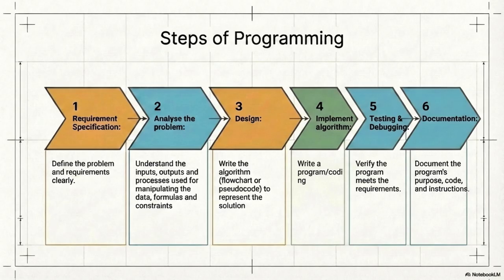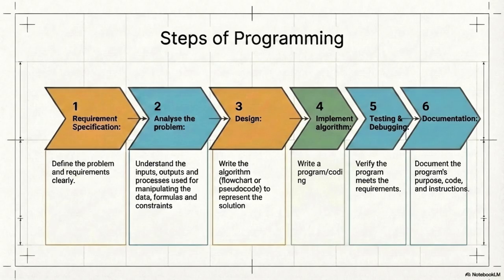And then comes the design. This is where you write the algorithm using a flow chart or pseudocode to represent your solution, followed by implementation of the algorithm after designing.